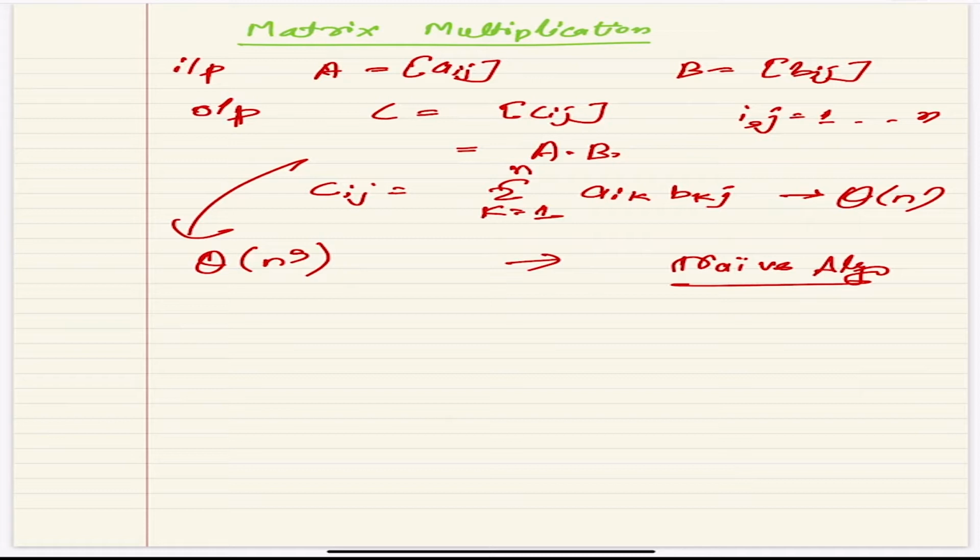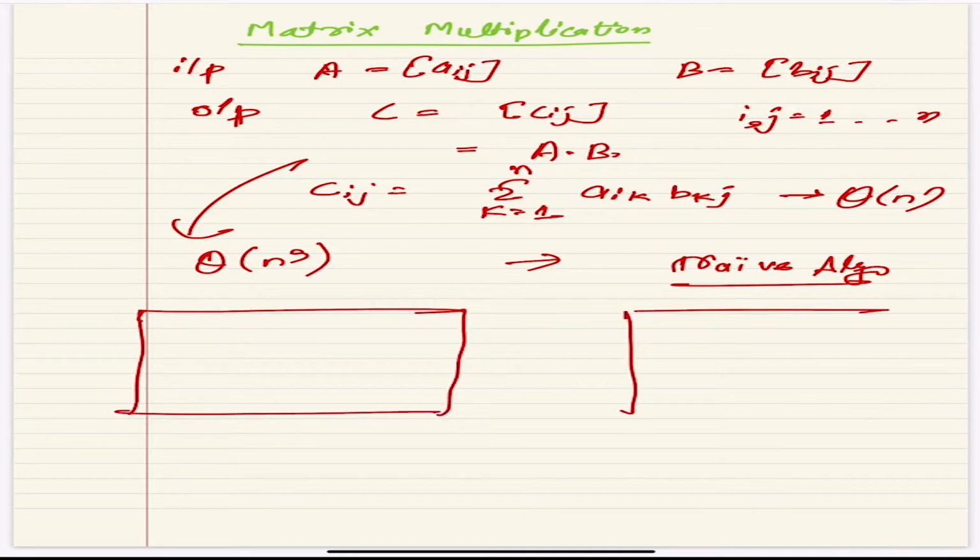So let's see how we can use divide and conquer over these matrices. How can we divide the matrices? Let's just start visualizing a matrix. So I have matrix A, matrix B, both n cross n.